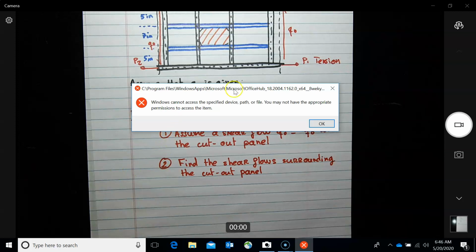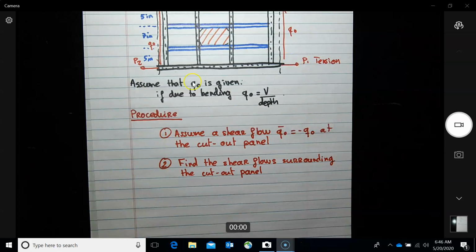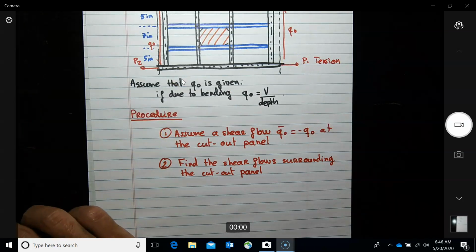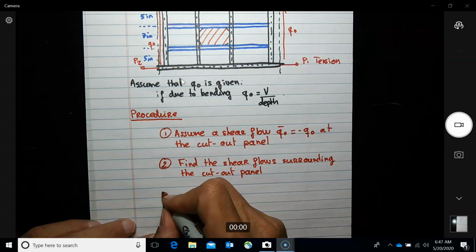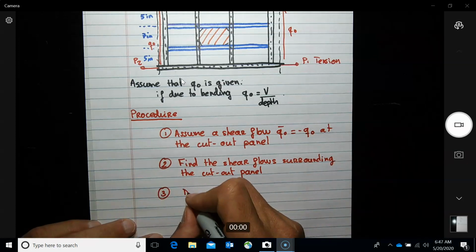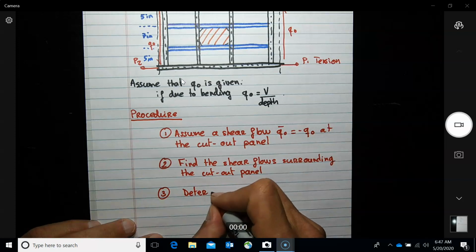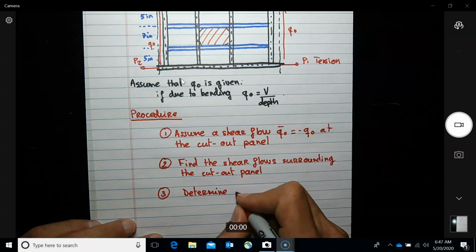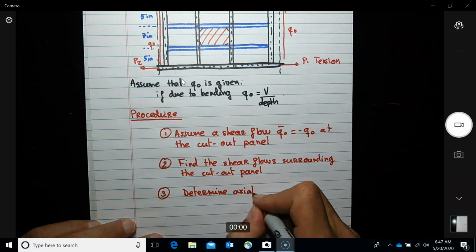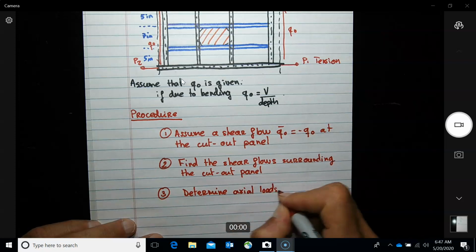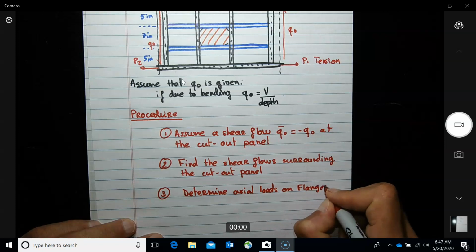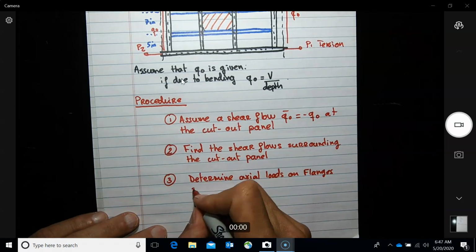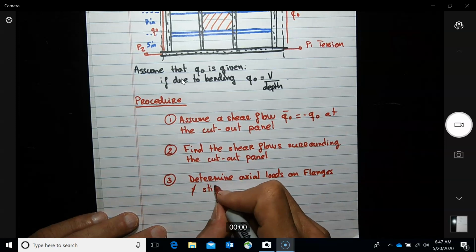And finally, step 3 would be to calculate or determine actual loads on flanges and stiffeners.